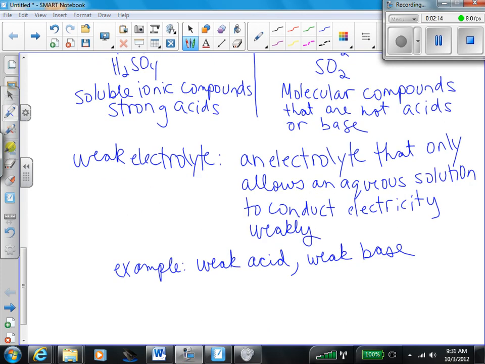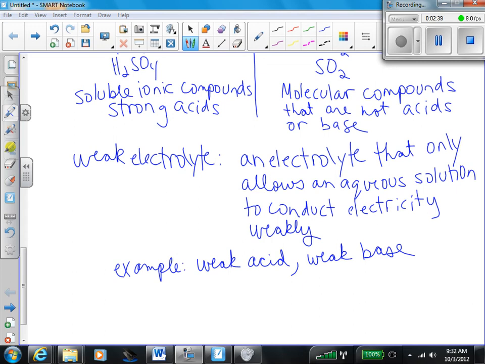Weak electrolytes are electrolytes, but they only allow the aqueous solution to conduct electricity very, very weakly. An example of this would be a weak acid, and another example would be a weak base. We're going to learn about weak acids and weak bases very soon, and you'll learn the difference between them.